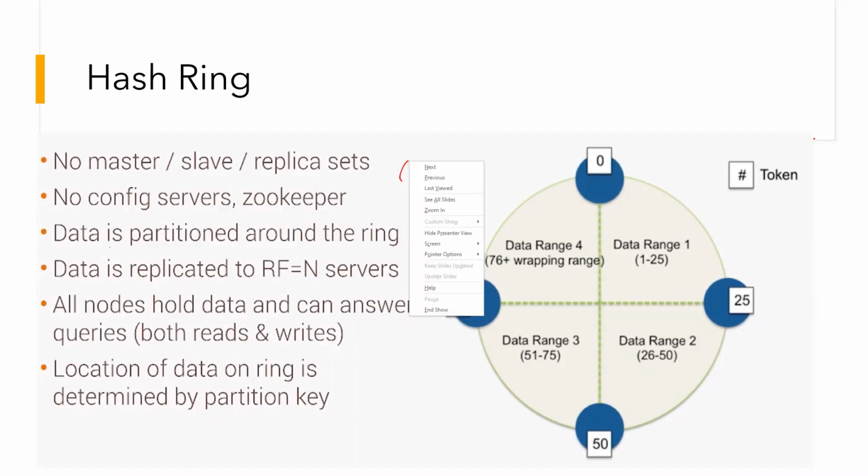When you define your table, like in relational, you will define a primary key on the table. If you want your partition key to be a composite value, then you will use braces. I'm not covering the syntaxes over here, but that's pretty straightforward.